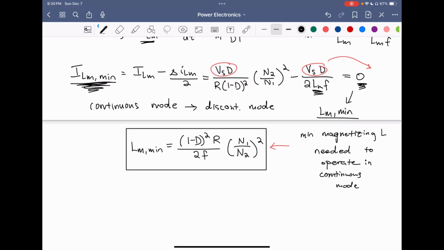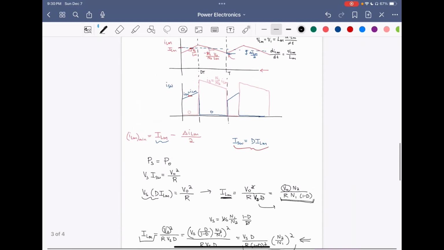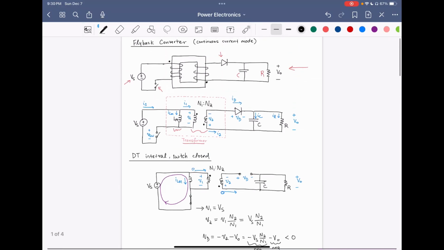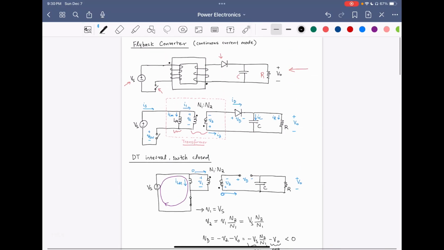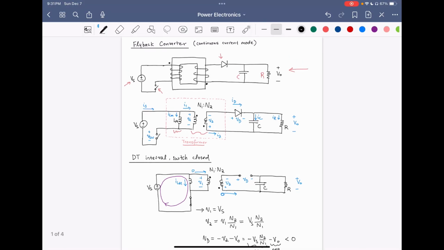So overall, this is the analysis of a basic flyback converter operated in the continuous current mode. We've derived the conversion ratio as well as solved for some of the current and voltage waveforms in this circuit.